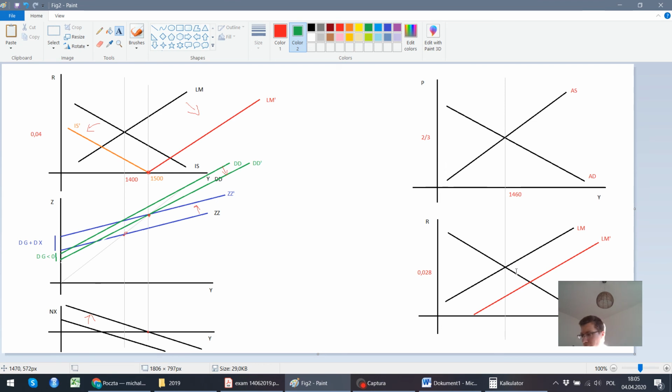But as we know from our analysis of the ADAS model, this change in monetary policy automatically shifts also the AD curve. And this shift in the AD curve, let me just write it down.